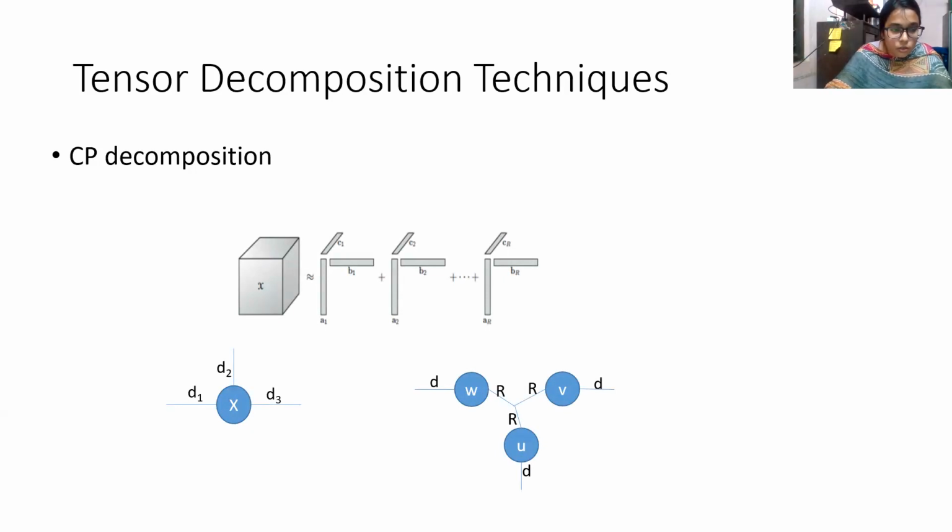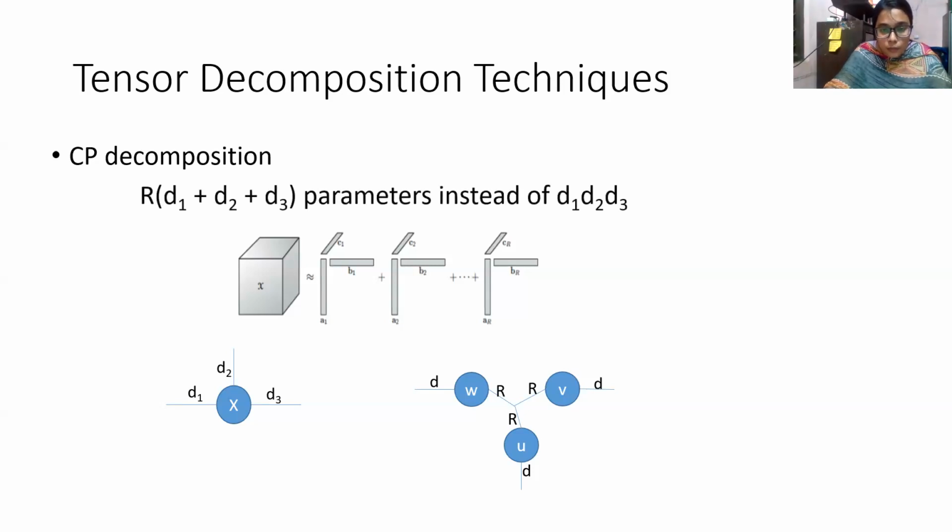So first of all, we start from the left side graph, that is X. It has three axes, D1, D2, D3, and whenever we decompose that tensor, it will be like U, V, W, and it will have the same parameter R. So that's the reason we have R multiplied with D1, D2, and D3 summation.